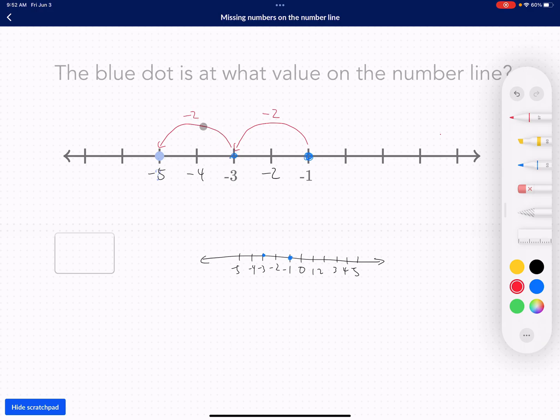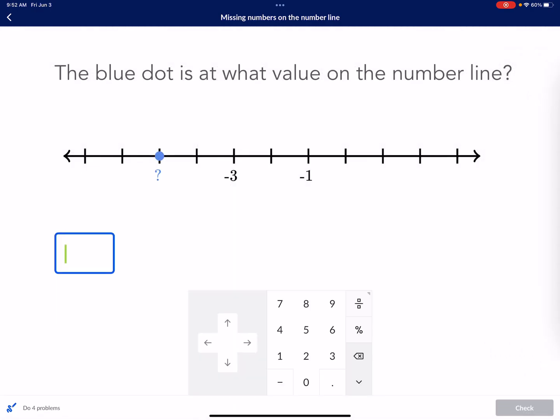So if I go 2 units down, or to the left, I am decreasing by 2 units. Therefore the answer is -5. It's really helpful to fill out all of these tick marks, and I think it will be more helpful when solving these problems. All right, so this answer is -5.